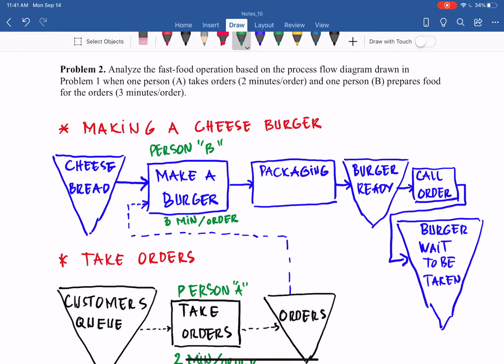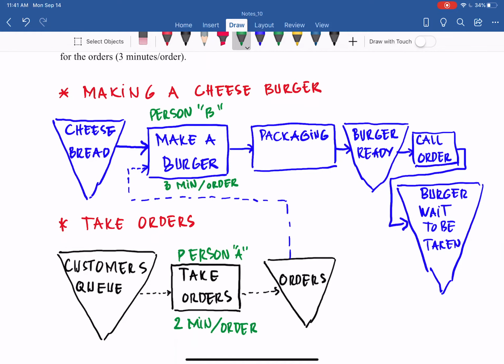And the question is to analyze the fast food operation with that. As you can see now, we have the packaging, assume it's 0 minutes. It includes everything in there, 0 minutes per order. And of course, calling the orders is also 0 minutes.